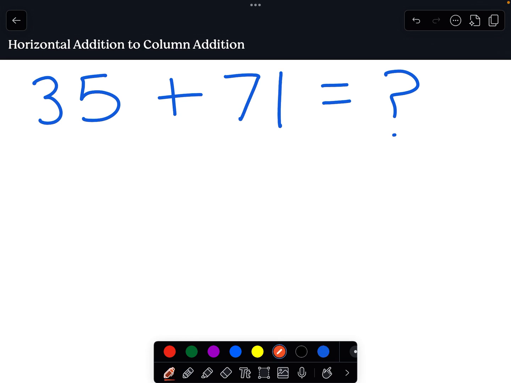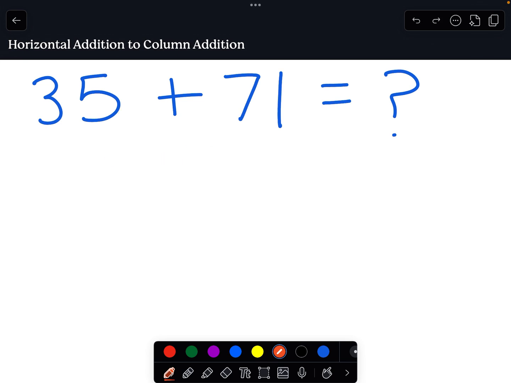And what they do, and this is not the right way, sometimes they'll write 35 plus 71 like that, and they'll add up the digits in the wrong place, or I'll see them add 3 plus 7 and then 5 plus 1, and not regroup the way that they're supposed to.